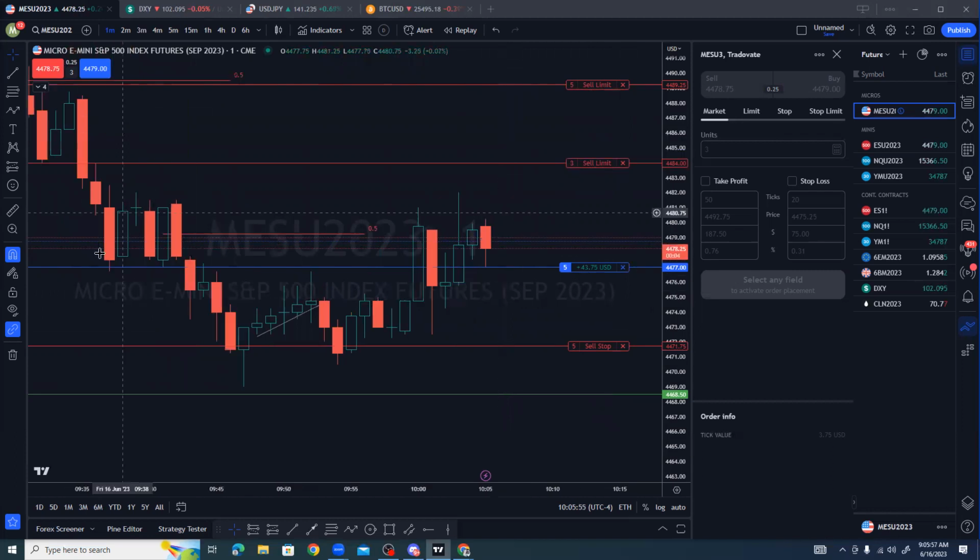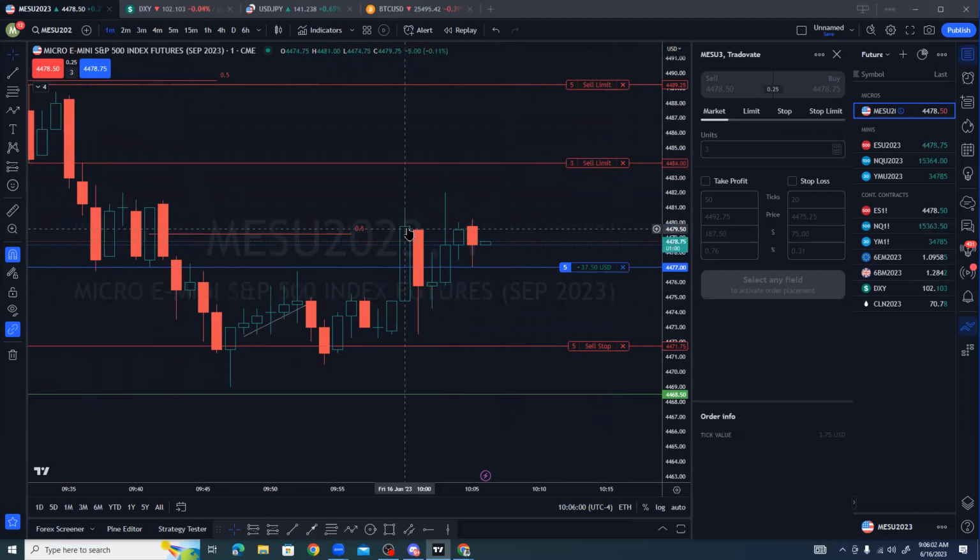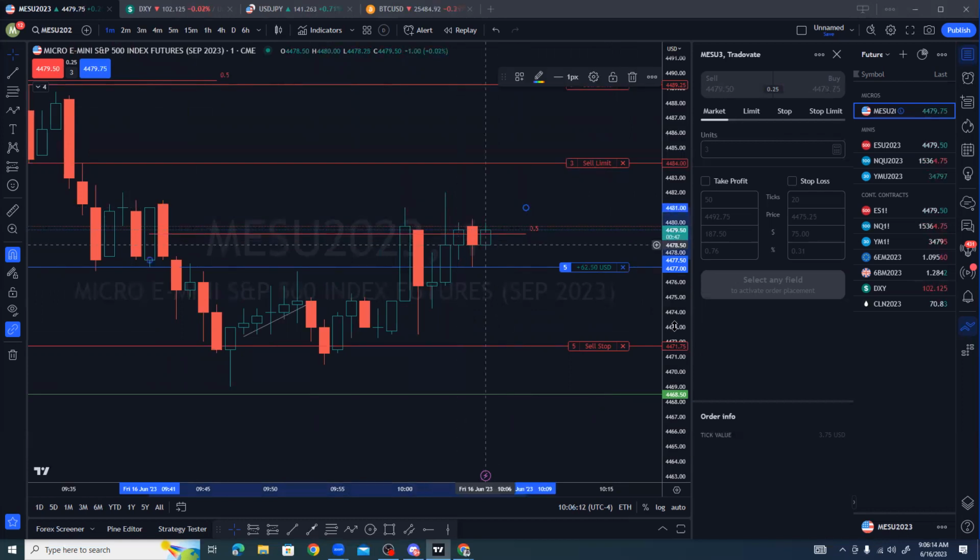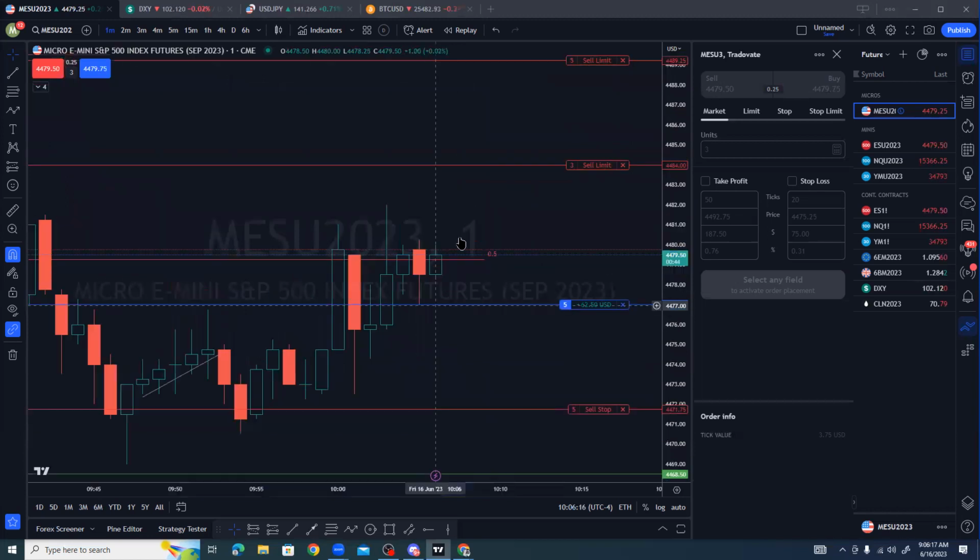I mean, we do have structure here, and that's what's kind of holding us up right in here. I've got the mean threshold put out right there. Let's see if it's really what's got us. It's pretty spot on. If we can get above that mean threshold, we'll be pretty solid.